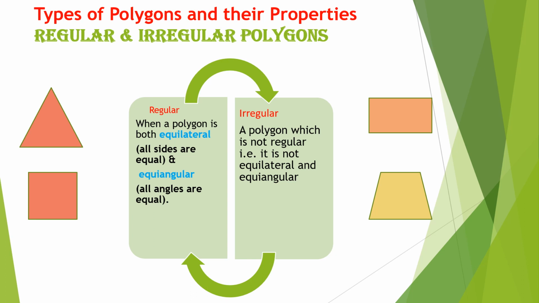And an irregular polygon is one which is not regular, that is, it is not equilateral or equiangular or both. And the figures are mentioned. We can take the example of equilateral triangle and square in regular polygons, and rectangle and trapezium are irregular polygons.